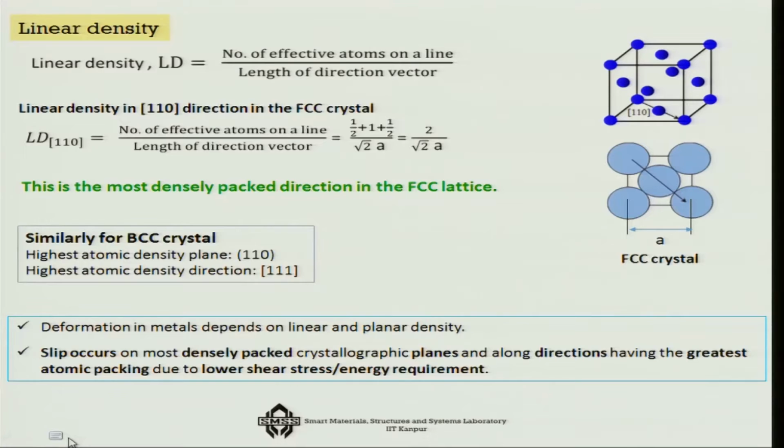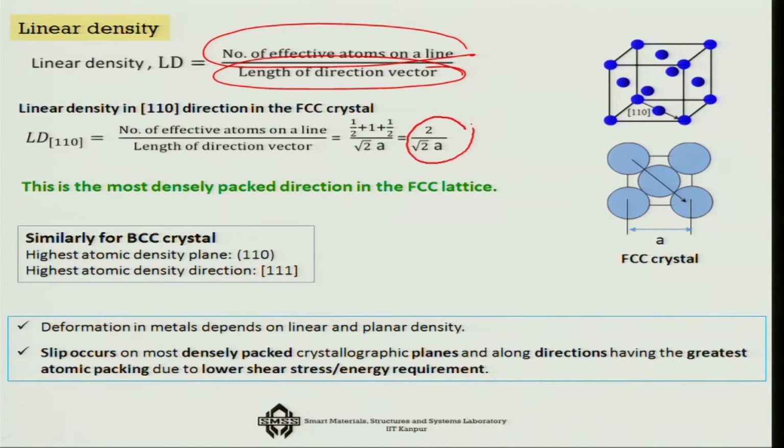Now, the linear density also you can find out. In that case it is the number of effective atoms in a line divided by the length of the direction vector. So, in a direction like 110, you can find out that it will become 2 over root 2 a. And in fact, the 110 direction is again one of the most densely packed directions in the FCC lattice.